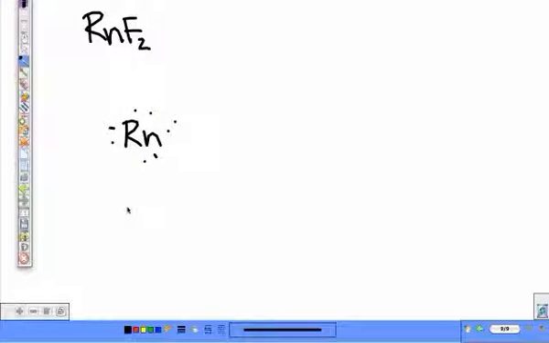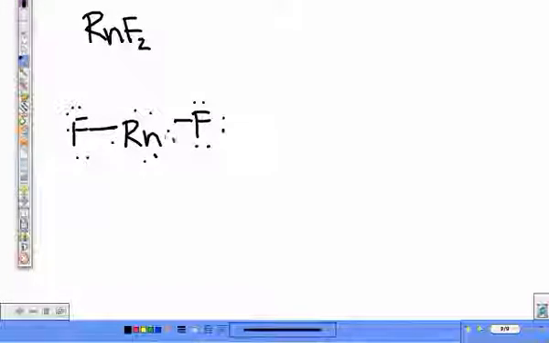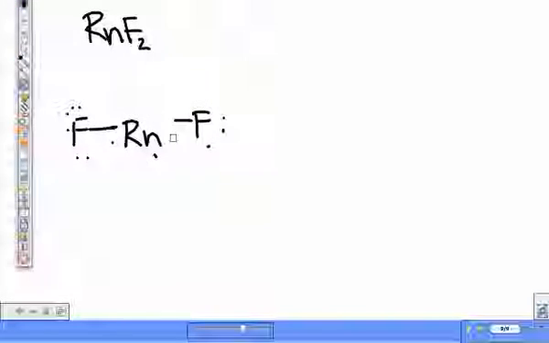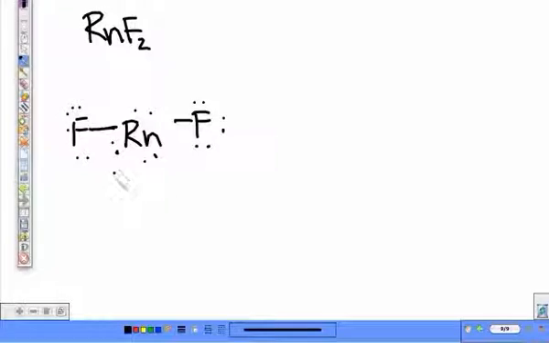So then we need 2 fluorines. Each fluorine will bond to one of those electrons. So it would look like that. And these two are actually a pair, so you can leave them separate, or I like to put them next to each other, just so that you can tell they're a pair. You don't want them to be lonely.